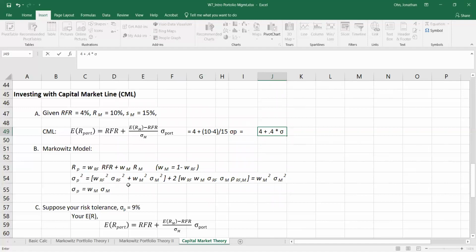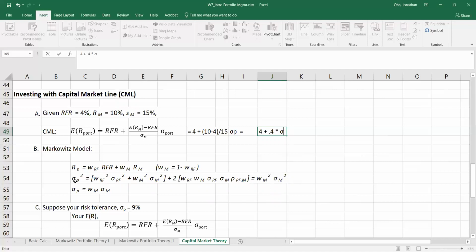Now, let me bring in the Markowitz model, the first model. In this case, the capital market theory, you divide your capital into the risk-free asset, T-bills, and the market portfolio, right? So WM is equal to 1 minus W RF, because you divide it into the market portfolio and the risk-free asset.